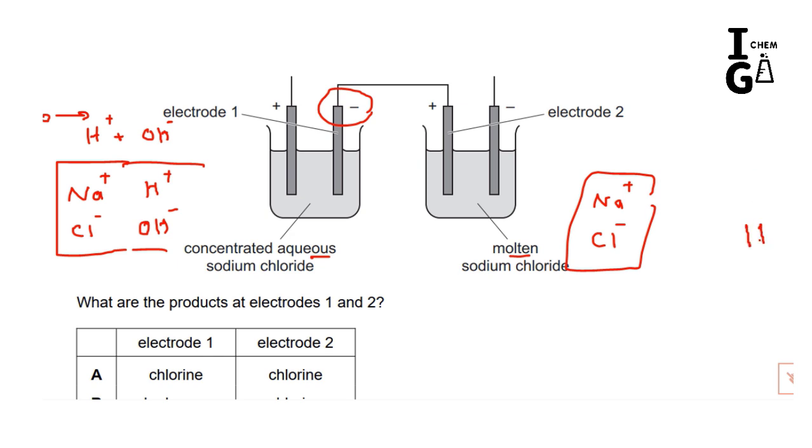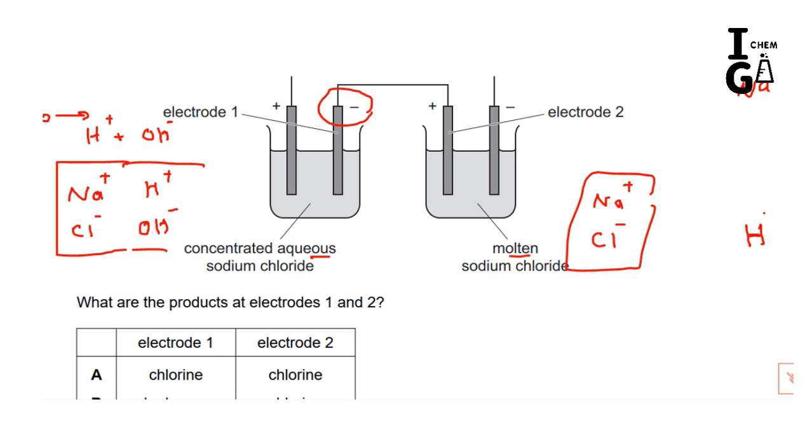The position of Na is higher than H, which means Na is more reactive than hydrogen. So the rule here is that the less reactive species in the reactivity series is more likely to be attracted to the cathode.